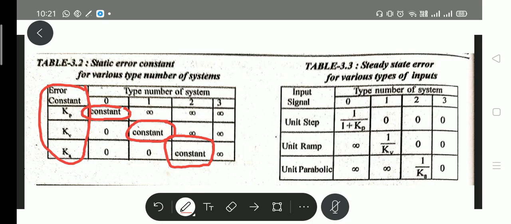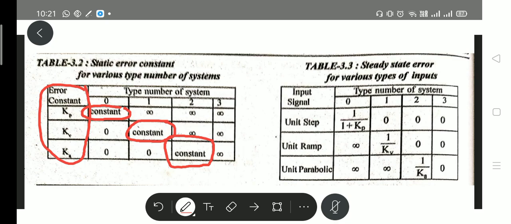Whenever a type 0 system is given, only the positional error constant will be constant; all the remaining will be infinity. Kv is constant only in type 1 systems, type 2 and 3 are infinity, and type 0 is 0.